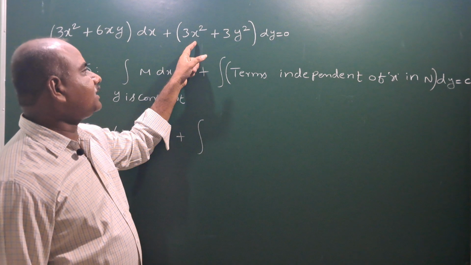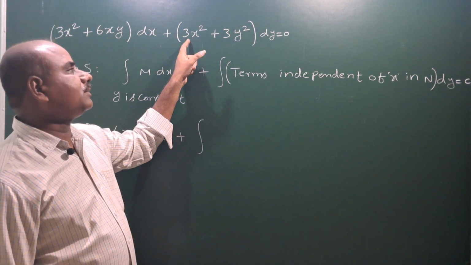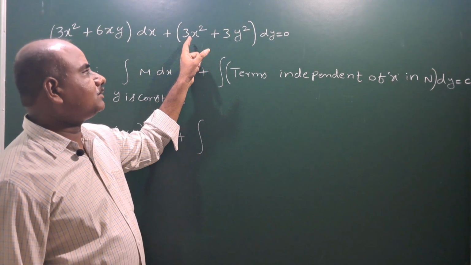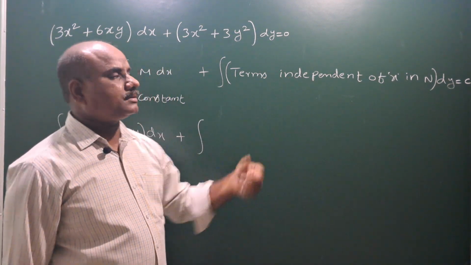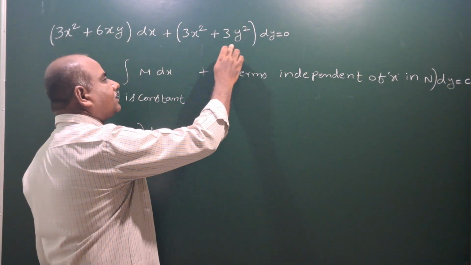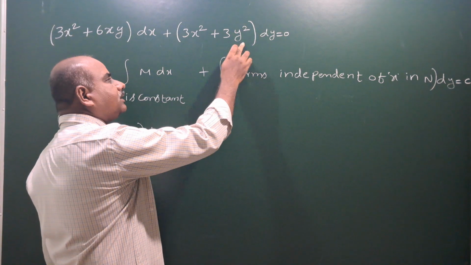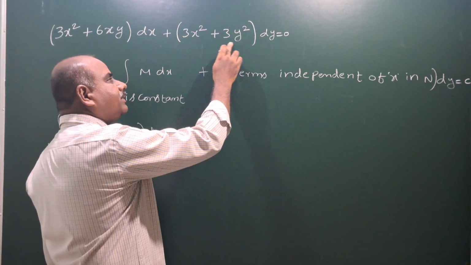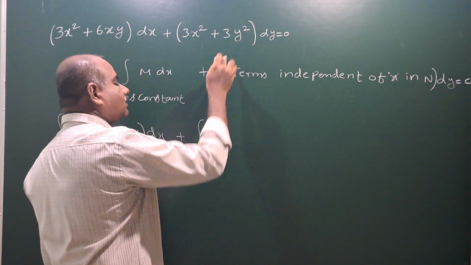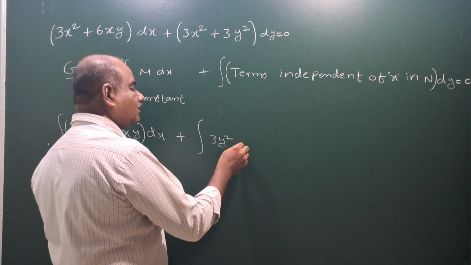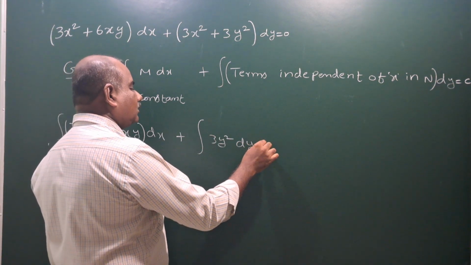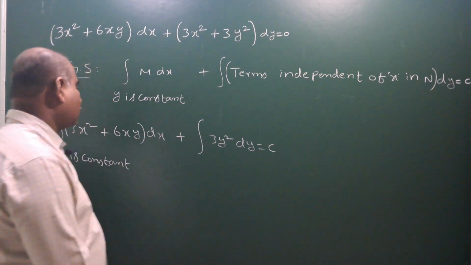The first term 3x² is dependent on x, so we cannot take this term. We take only the term independent of x, that means without x. That's why 3y², this term does not contain the letter x, so we take this term only, and we integrate this function with respect to y, that is equal to c.